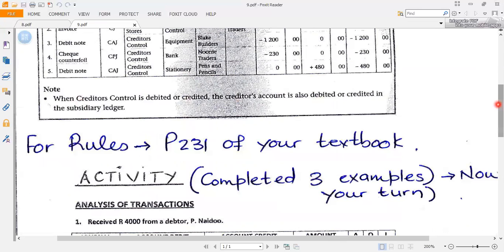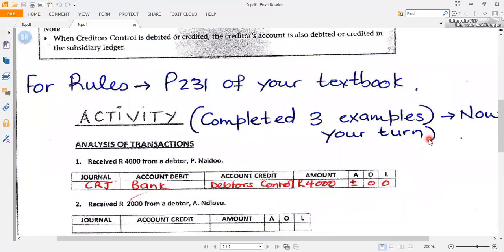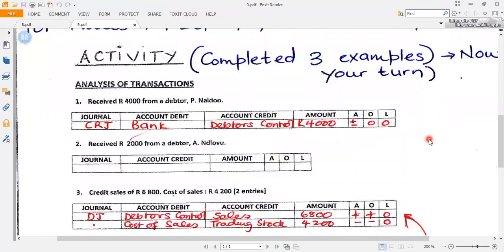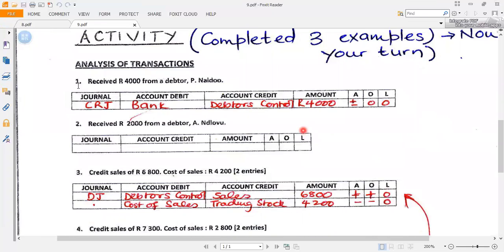Now, for your rules, remember, you can turn to page 231 of your textbook. Let's look at this activity of yours. Right. I have completed 3 examples for you. Now it's going to be your turn to complete. You are going to follow these analyses of transactions as I have completed them here. You are going to do the same.